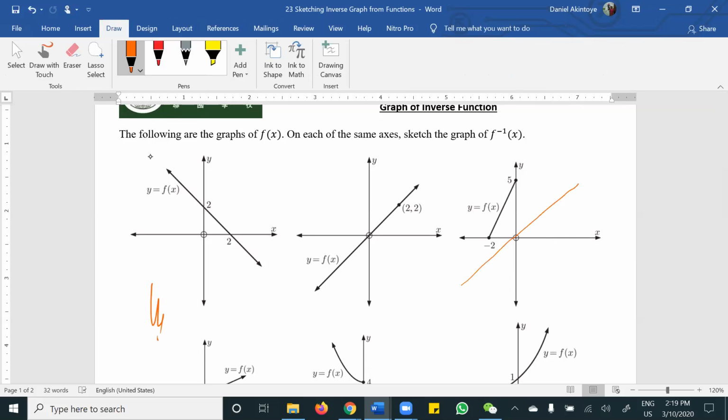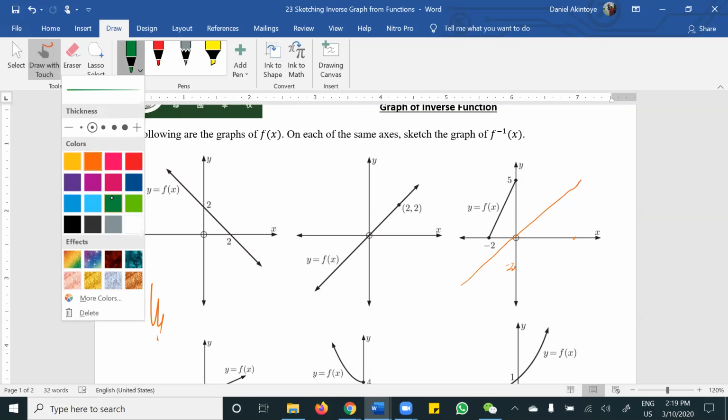So if you draw this line, y equals x, the reflection of this will be at -2 here. So I will look at the intercept. The reflection of y equals 5 will be x equals 5. So once you can get these two intercepts, then I think you'll be okay to draw your line.